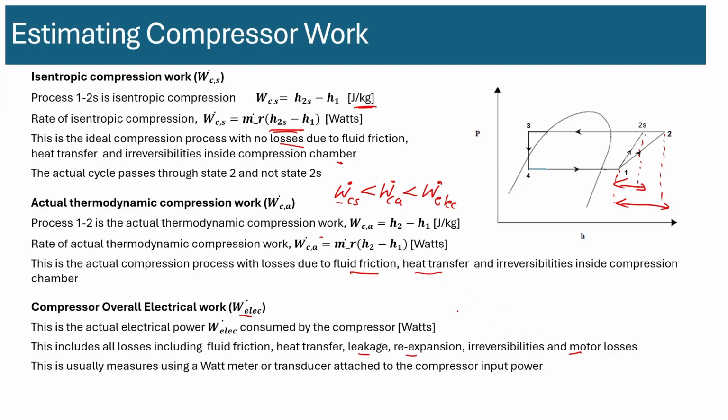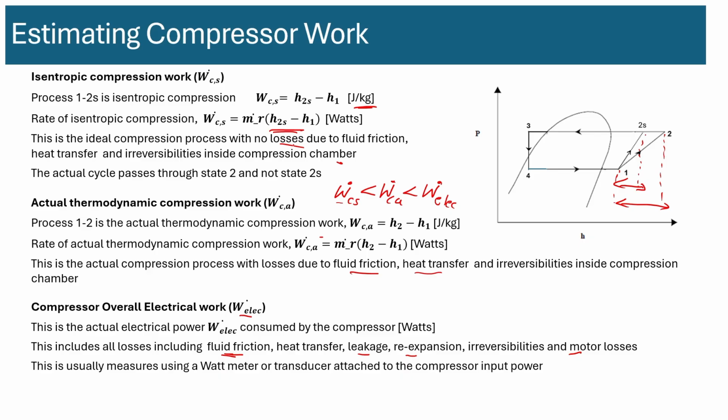Electrical motor will heat up, right? And fluid friction is also there, fluid friction, oil, all that. So this includes all the losses. Okay, this is the real power that we have to give to the refrigerant. The others are theoretical best power. If there is no motor losses, no leakage, then the W dot electrical will be almost the same as the actual compression work.